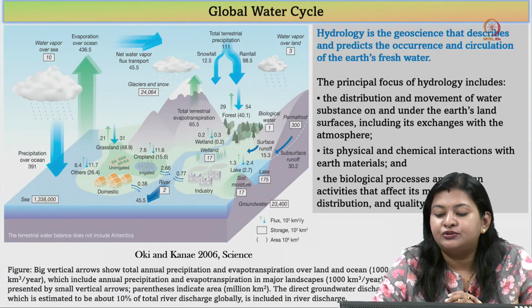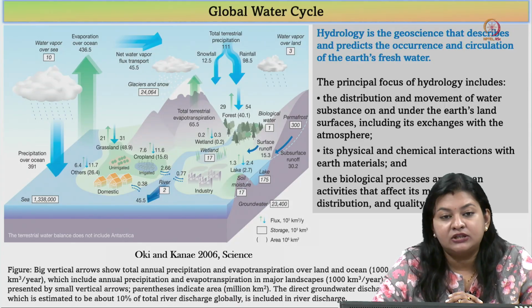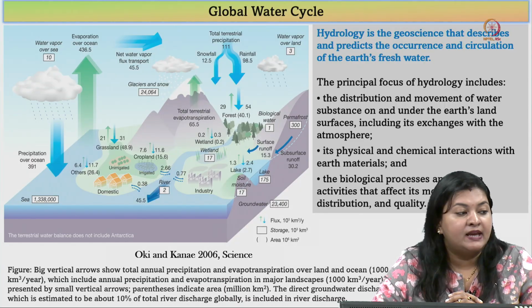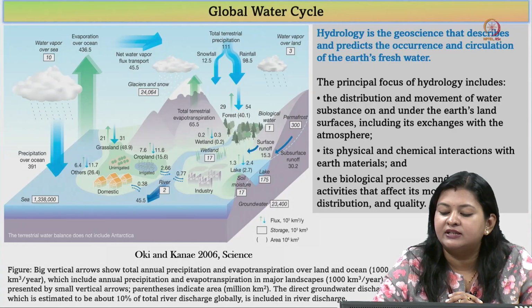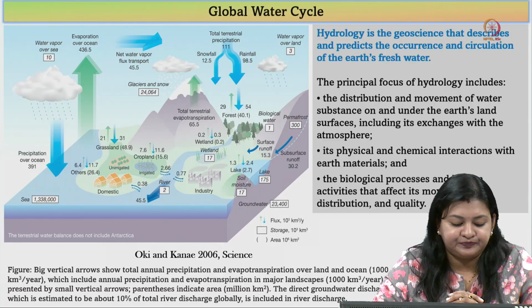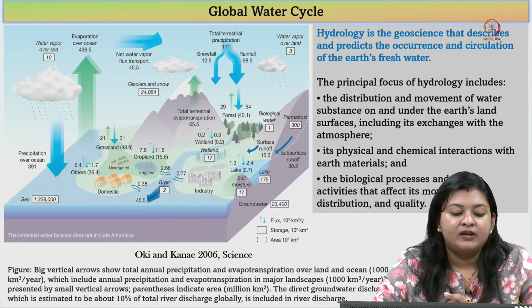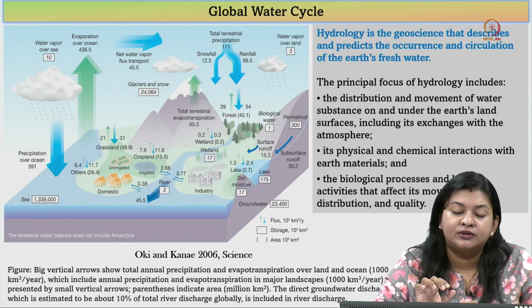So, the distribution and movement of water on and under Earth's land surfaces, including its exchanges with the atmosphere, its physical chemical interactions with Earth's materials, and the biological processes and human activities that affect its movement, distribution and water quality. Now, in this figure I'll slowly walk you through this water cycle.